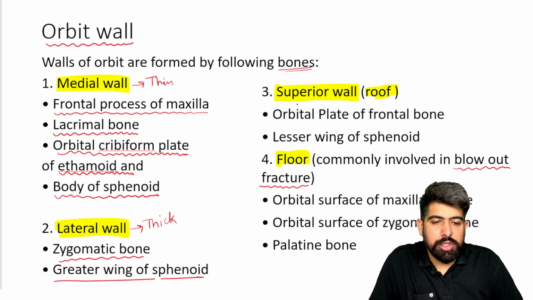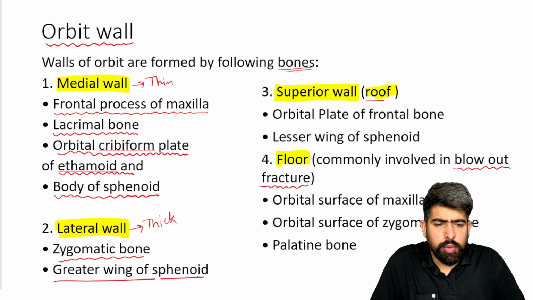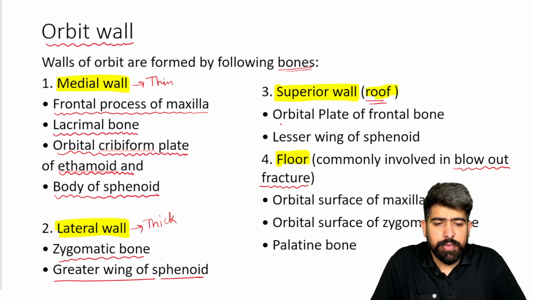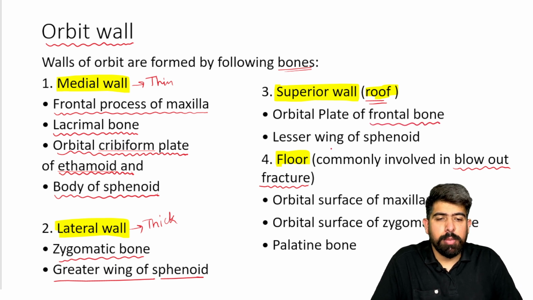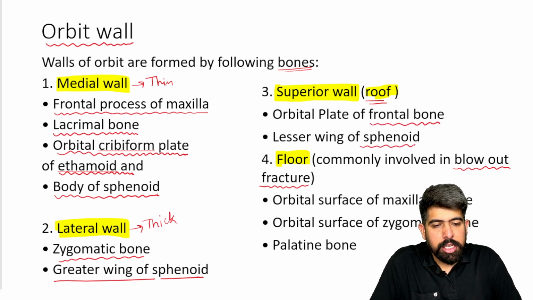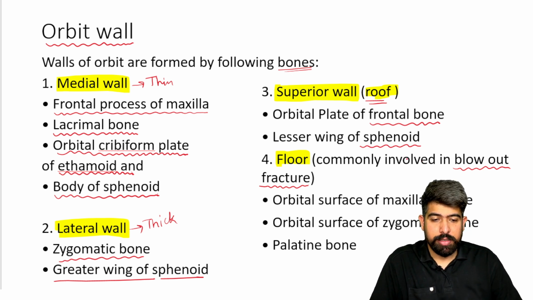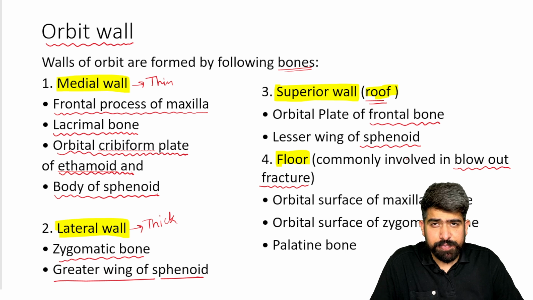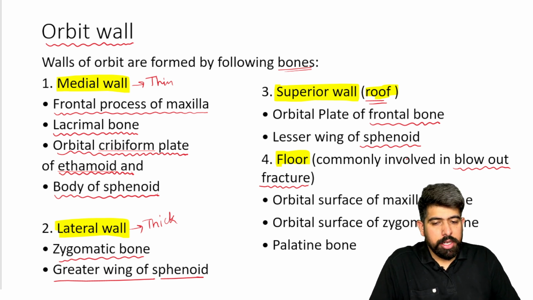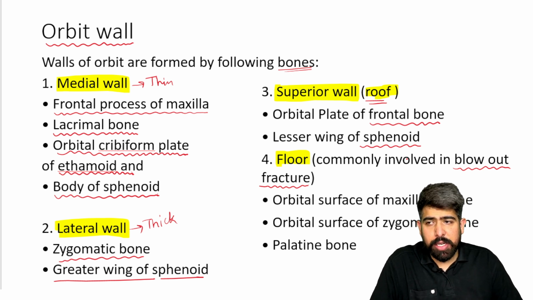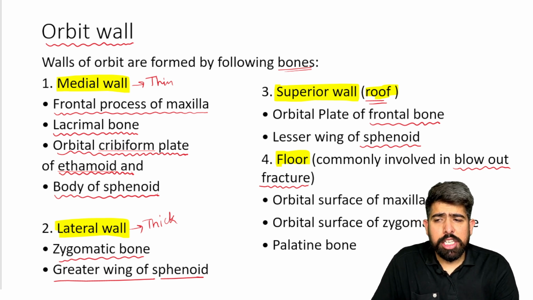Let's move forward to the superior wall, or you can say the roof. The roof is also made by two bones. The first one is the orbital plate of your frontal bone, and the second is the lesser wing of your sphenoid. The sphenoid body participates in your medial wall. Although your sphenoid greater wing participates in your lateral wall, the lesser wing of your sphenoid participates in your superior wall, right?